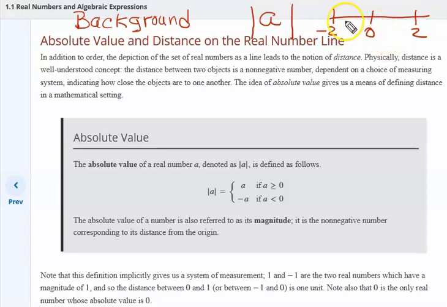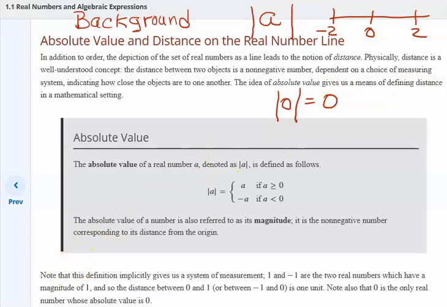Now, the distance that something is from 0 is always going to be a positive value. So this is 2 units from 0. It's negative value. And the positive is also 2 units from 0. So we generally say the absolute value of something is always going to be a positive value. Although the one exception of it is the absolute value of 0, that is 0. That's the only one that's unsigned.